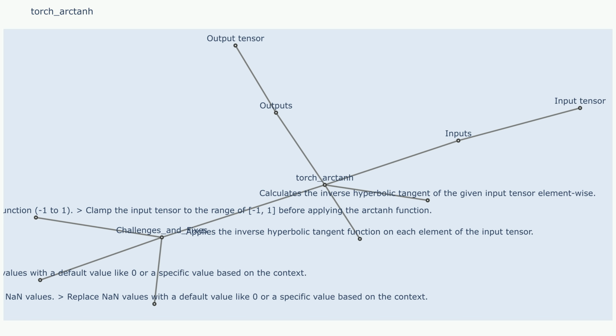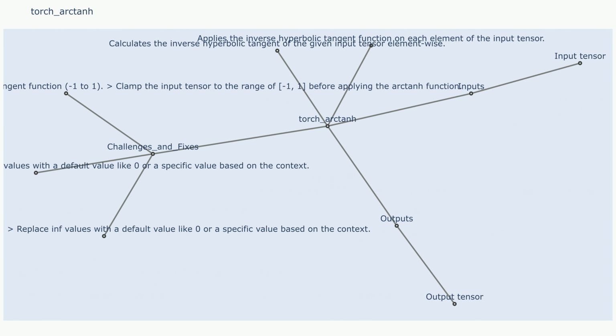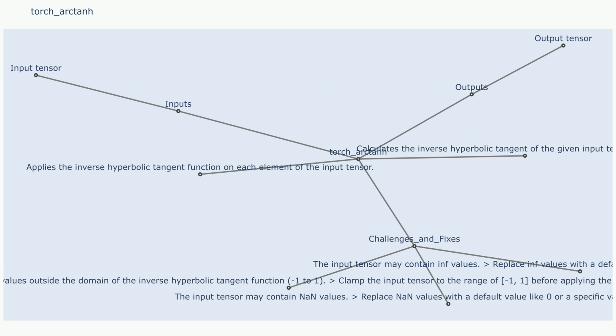Torch arctanh. Description. The torch arctanh function computes the inverse hyperbolic tangent of each element in the input tensor. This function is also known as the hyperbolic arctangent or the area hyperbolic tangent. Inputs.